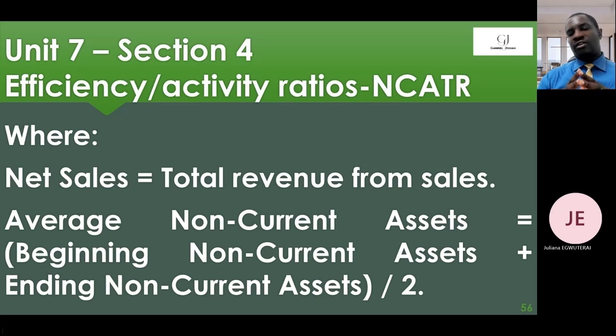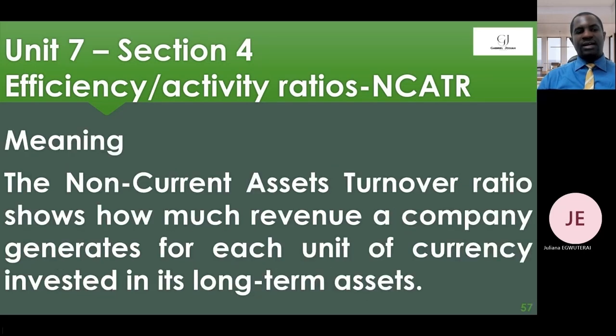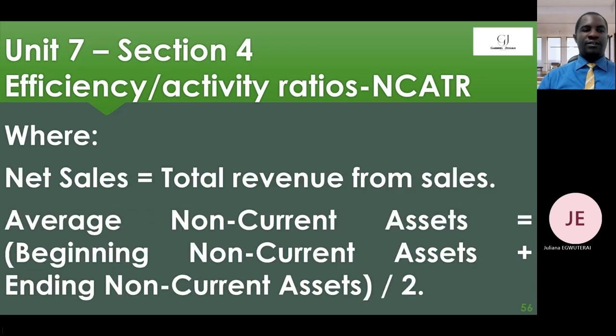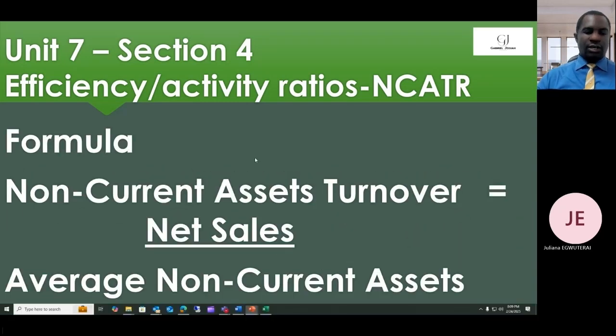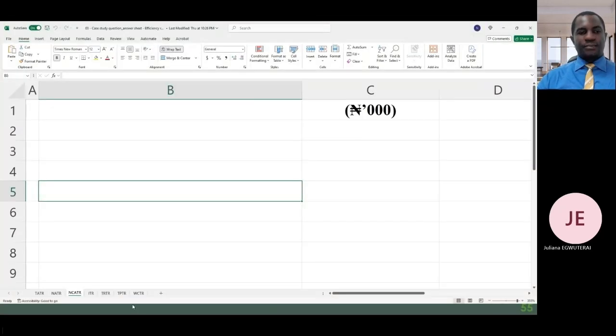The net sales is revenue after you have deducted other direct costs or essential deductions from the sales, like refunds. And the average looks at the beginning non-current asset and the ending non-current asset divided by 2. Very, very important. Okay, so let's move to our example.